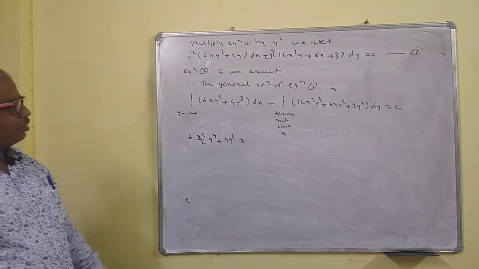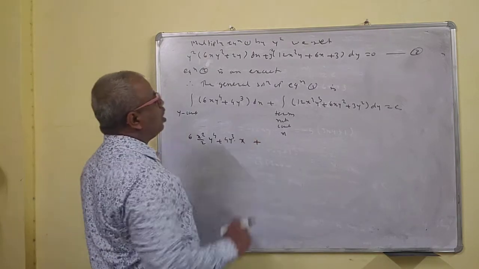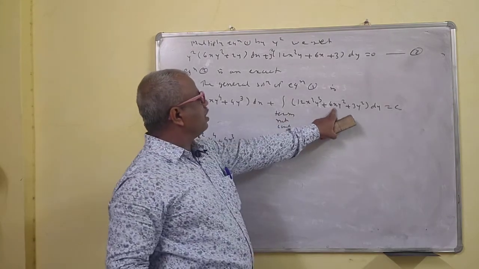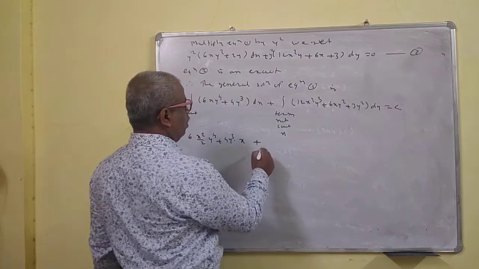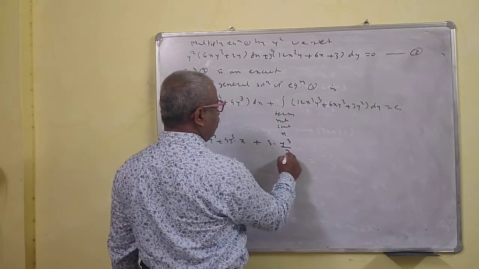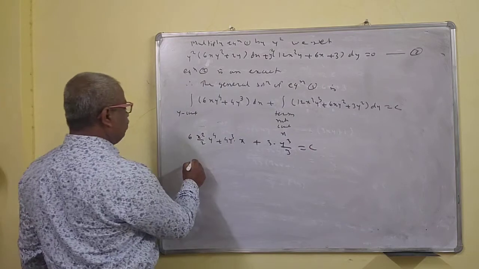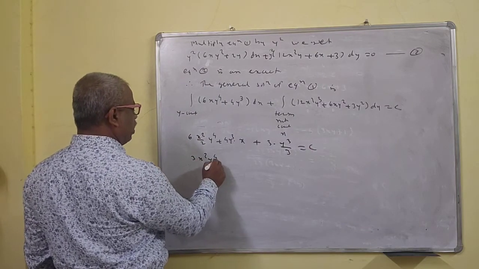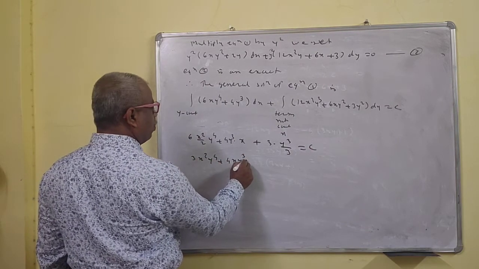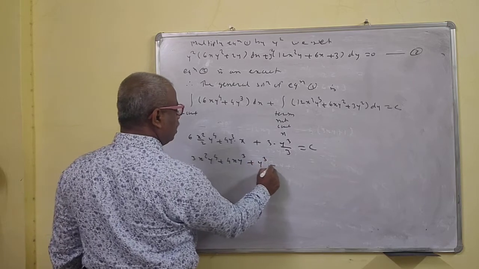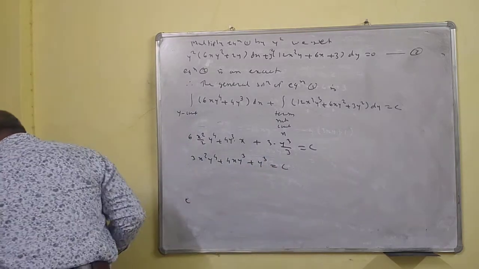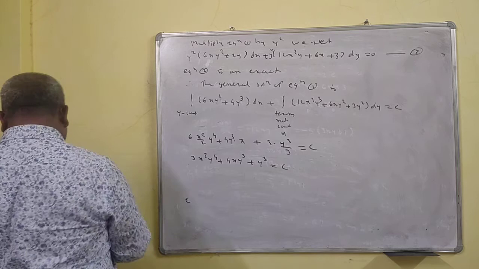The term not containing x gives y³ upon 3. Simplifying, 3x²y⁴ + xy³ + y³ = c. This is the required general solution.